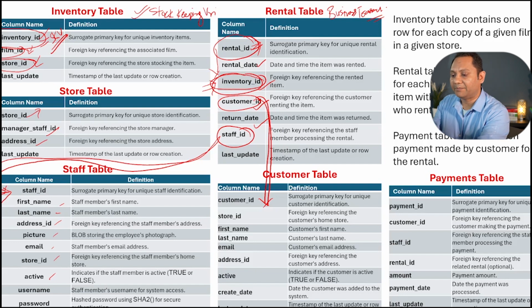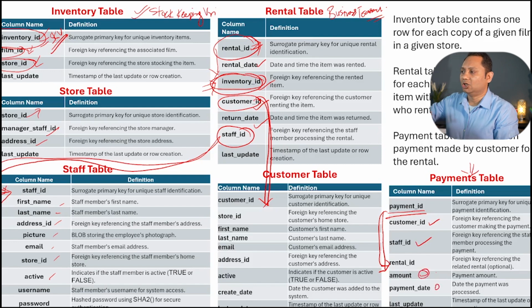So all those payment transactions are stored in your payment table. So in the payment table, you have the payment ID, which will be associated with the rental ID, because for one rental ID there will be one payment ID, and which customer and which staff took the payment, what was the amount, on what date the payment happened.